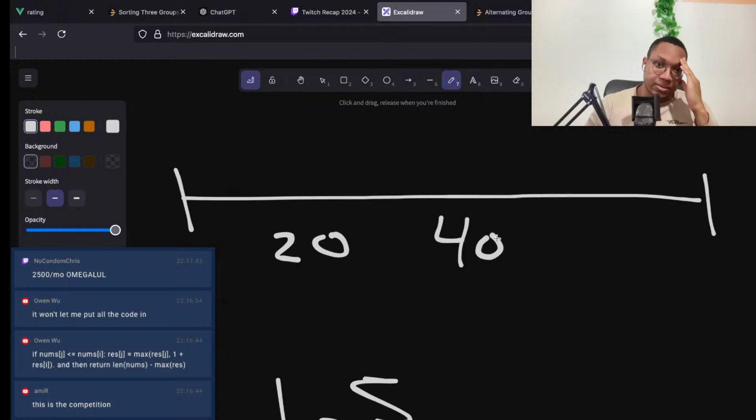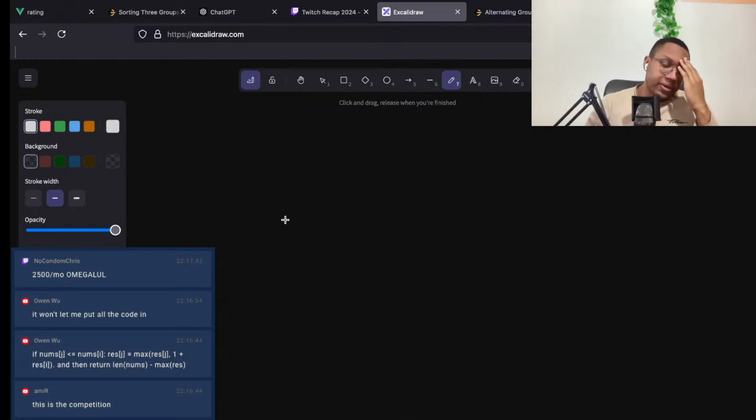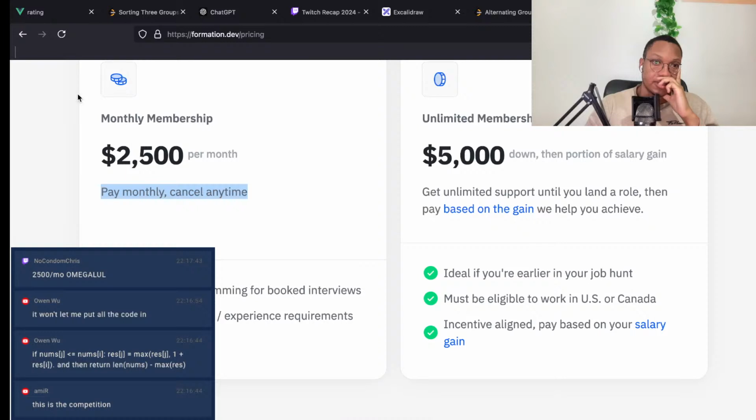Just in tech in general, and even for the business stuff in tech, it's pretty crazy how much money there is going into this.